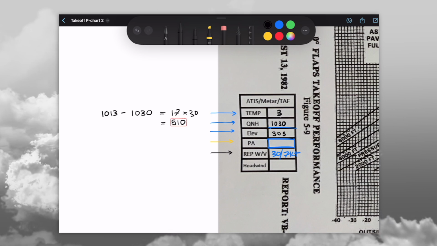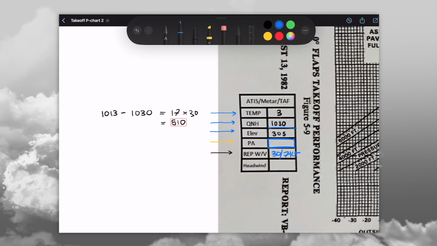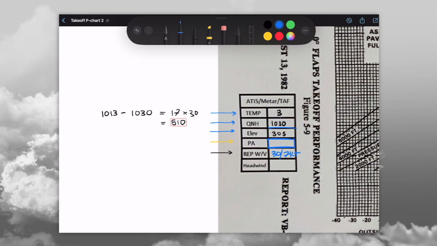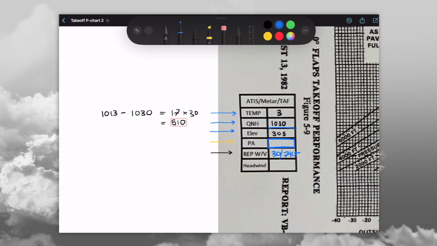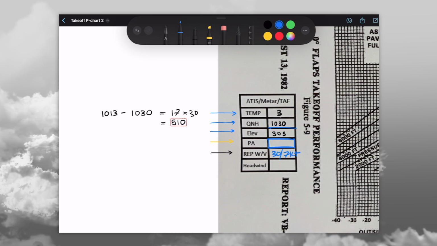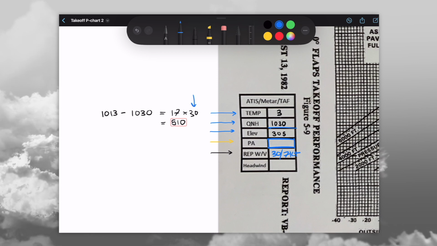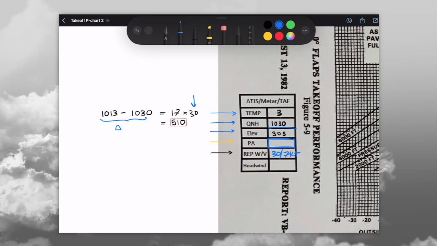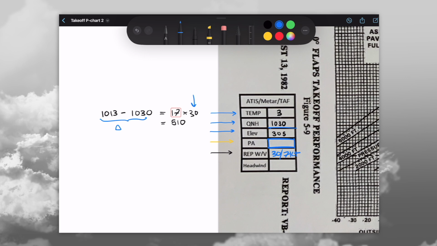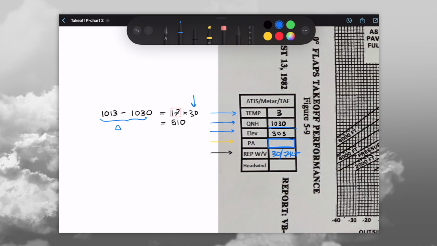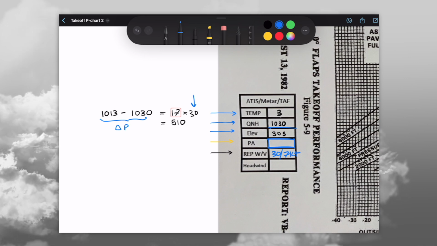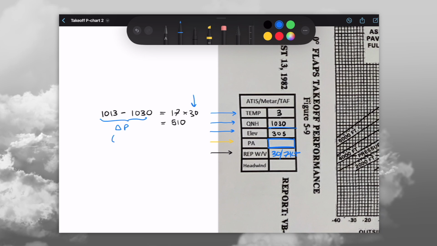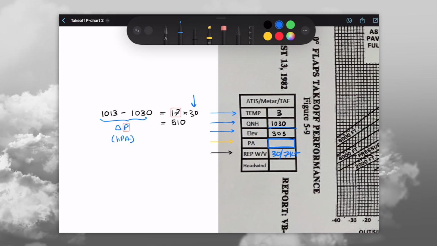And so you might be wondering, where does this 30 come in? This 30 is our standard pressure lapse rate of 30 feet per hectopascal. So we've just calculated here our change in pressure measured in hectopascals.